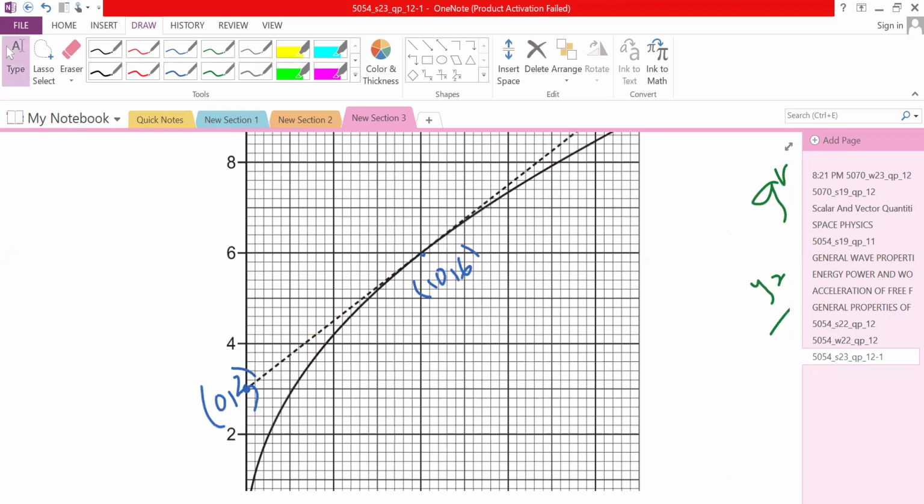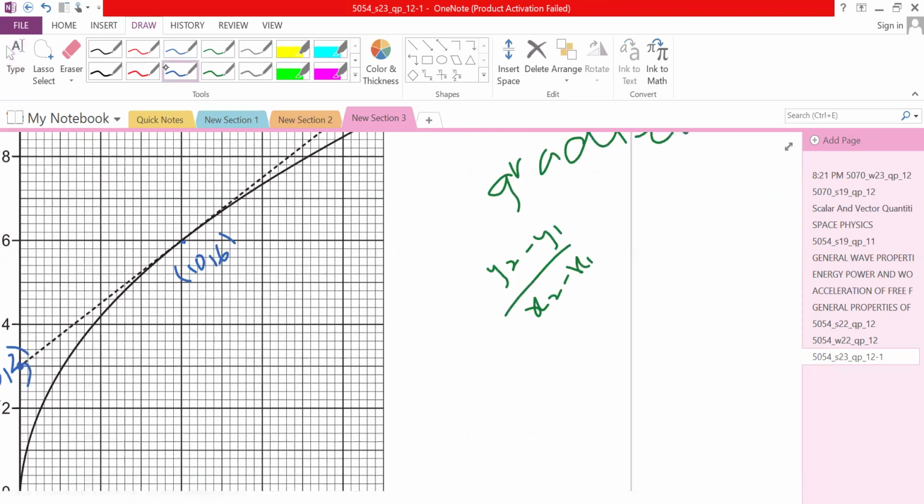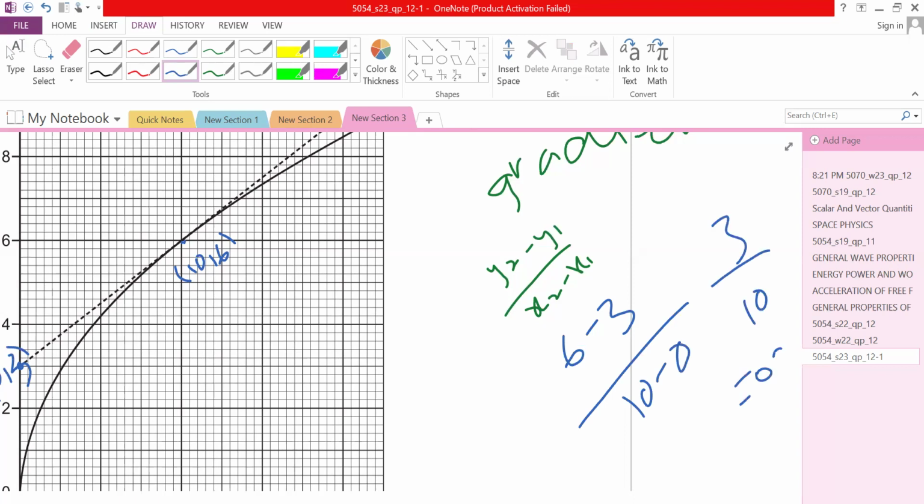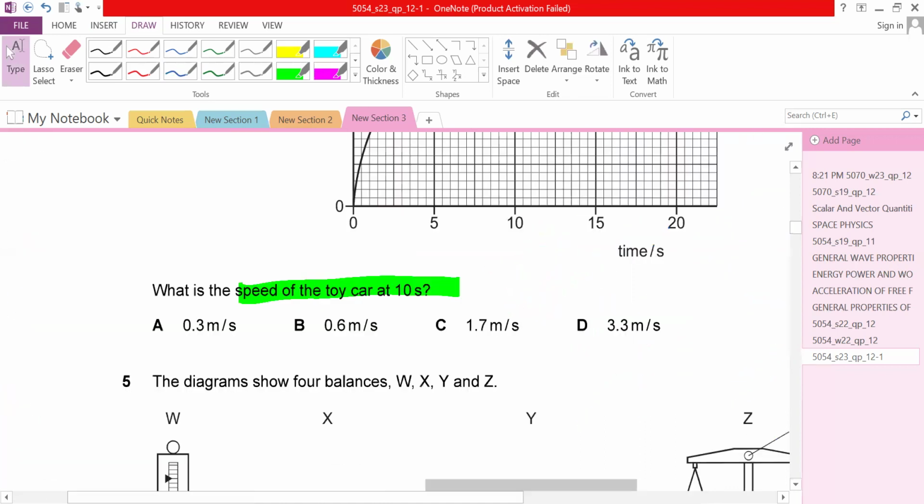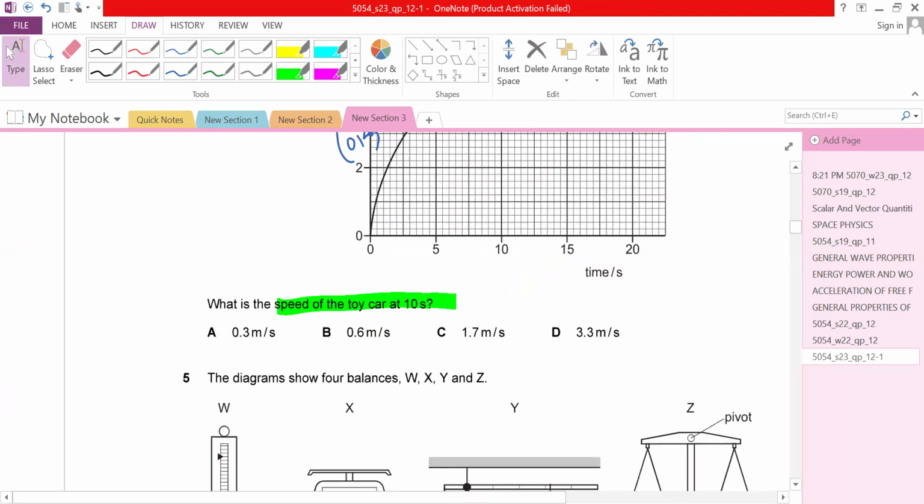Now let's put this value. Consider any one x1, any one y2. For example, 6 minus 3 divided by 10 minus 0. So 3 divided by 10 and the answer is 0.3. Let's look at the options. Yes, 0.3 is in option A. So option A is correct for question number 4.